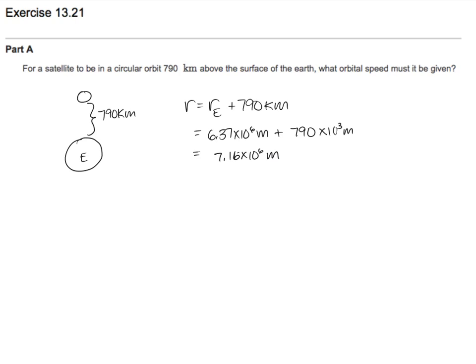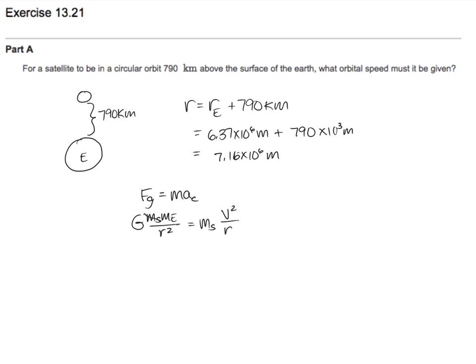Okay, so if we're going to be dealing with a circular orbit, we're going to use the idea that the force of gravity gives us a centripetal force, centripetal acceleration. So we have G, mass of the satellite, mass of the Earth, over radius squared is equal to mass of the satellite, velocity squared over r.